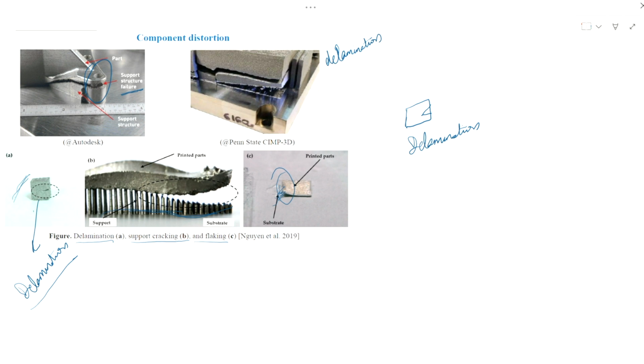Now here we can also see a titanium component on the base plate.